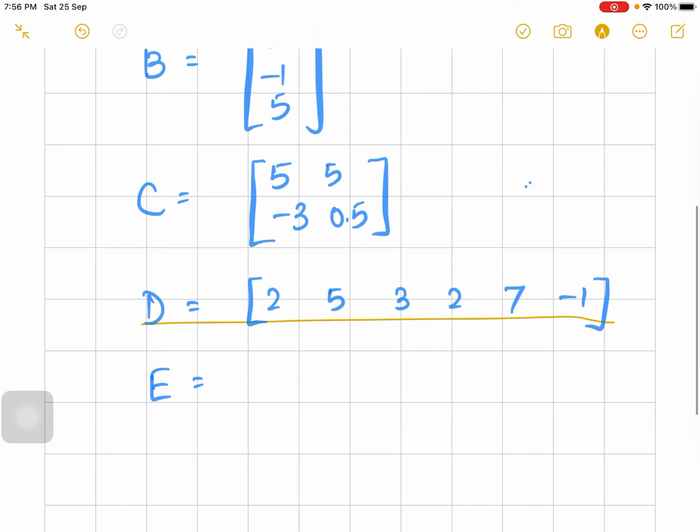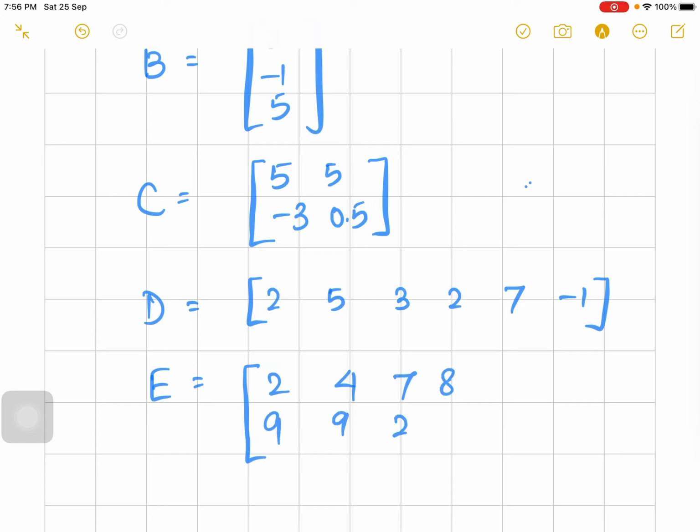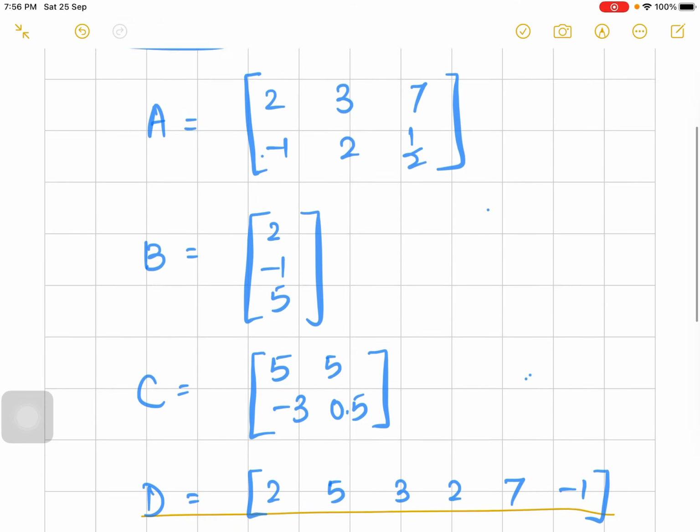Still, I could have a matrix like this: 2, 4, 7, 8, 9, 9, 2, -1. And let's say -2, -3, 0, 0. These are different varieties of matrices.